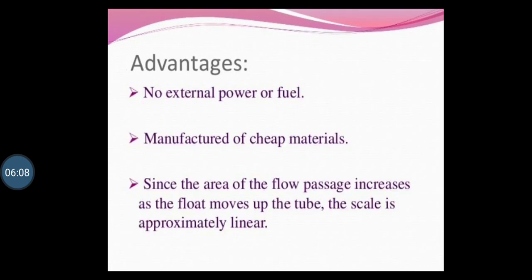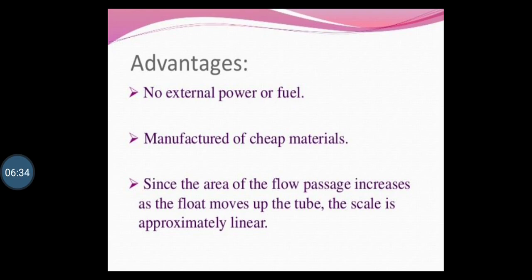Now let's see the advantage of the rotameter. In rotameter, no external power is required of any type, electrical, or we cannot use fuel also, as we have to directly install it at the two ends of the pipelines. It is also manufactured of cheap material.